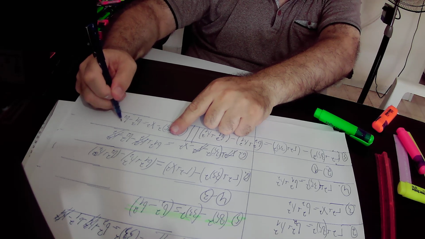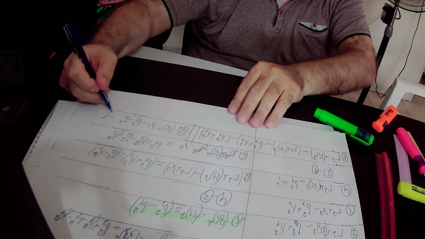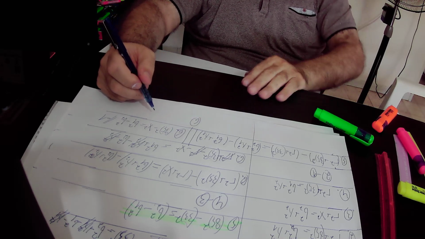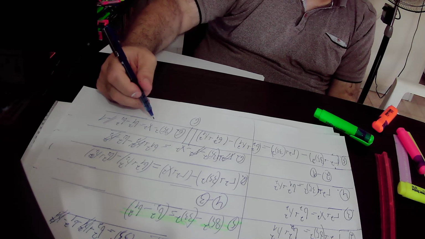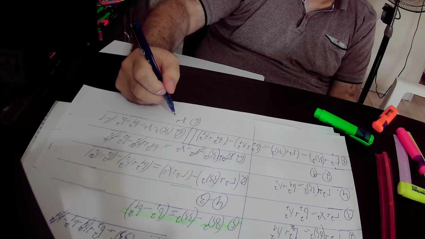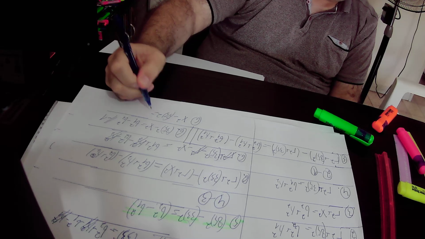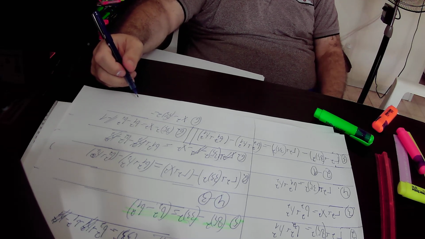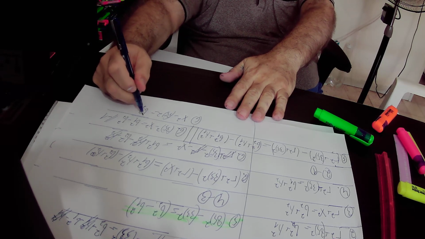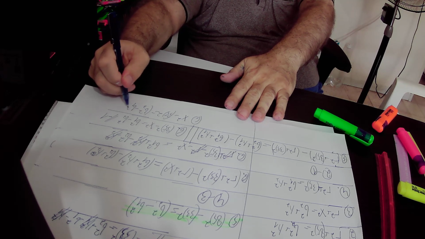minus b2 squared. In the next step, we will multiply this equation number 6 by minus 1, and we get that according to equation number 6, minus x squared times minus 1 is plus x squared, 35 squared times minus 1 is minus 35 squared, that is equal to minus b2 squared times minus 1 is plus b2 squared, b1 squared times minus 1 is minus b1 squared.